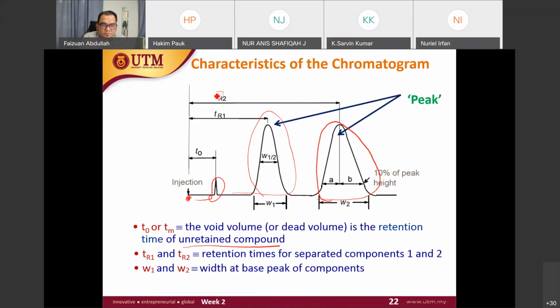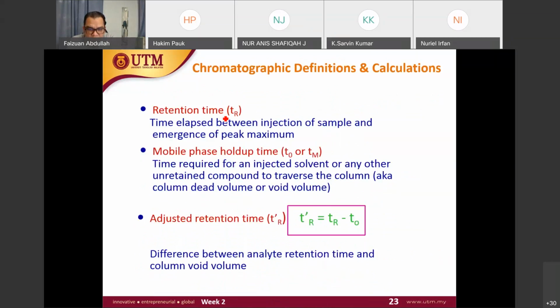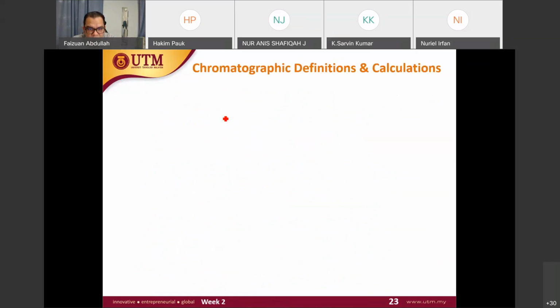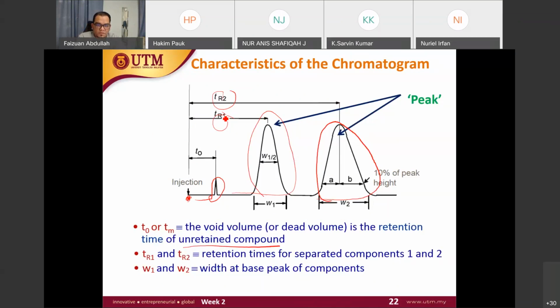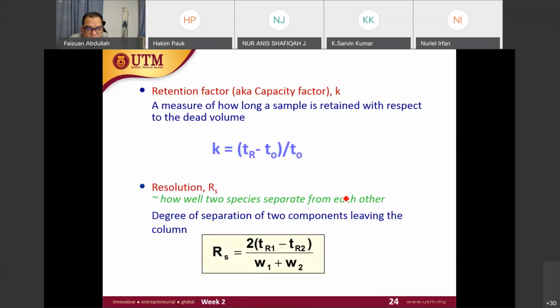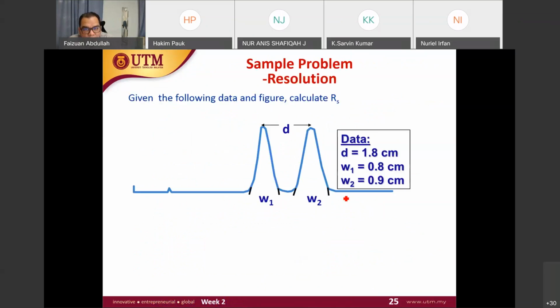So 2 times the difference of TR1 and TR2, and then divide by W1 plus W2. Then we have the resolution, the degree of separation of two components leaving the column.